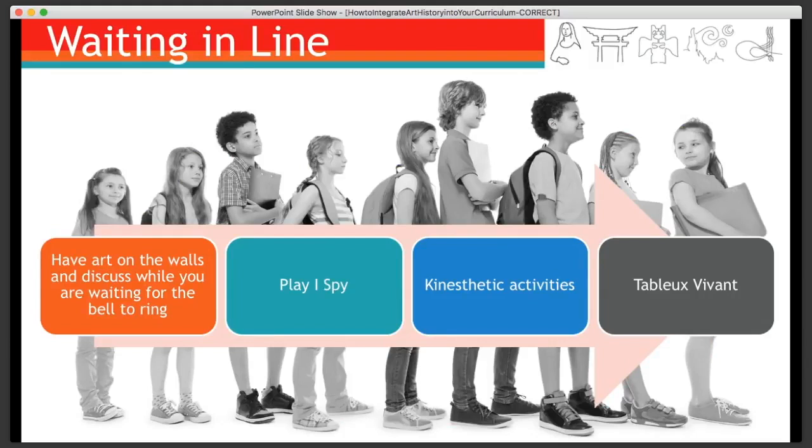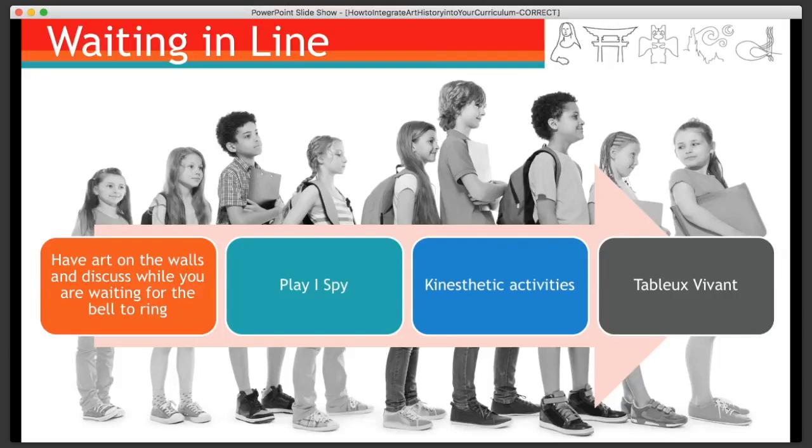And then another thing, especially for elementary, because my students don't necessarily wait in line. But for elementary, while they're waiting to be picked up, because the teachers are always late to pick up their classes, you do a little I Spy game, or some kinesthetic activities, or a little art discussion while you're waiting for the teacher.